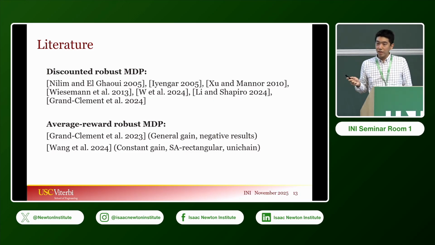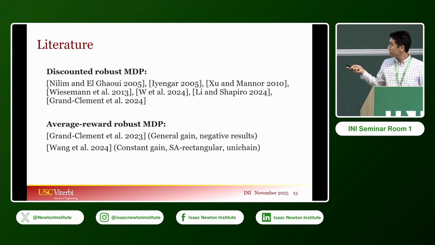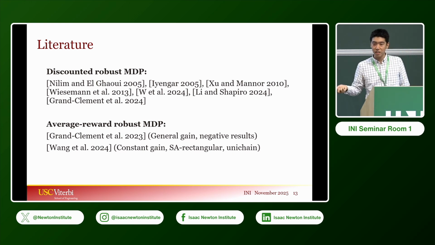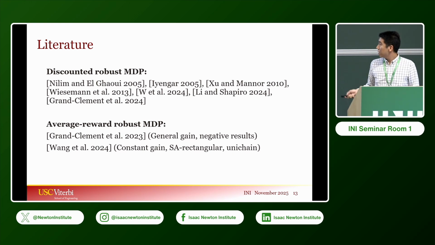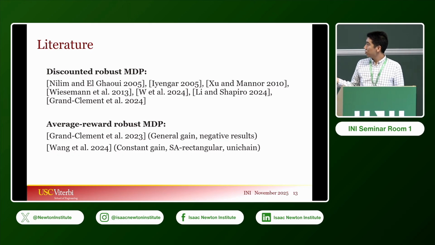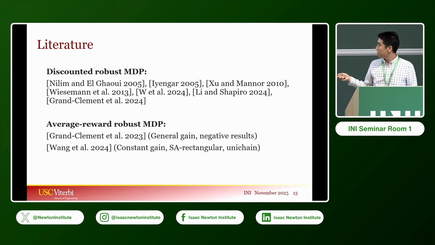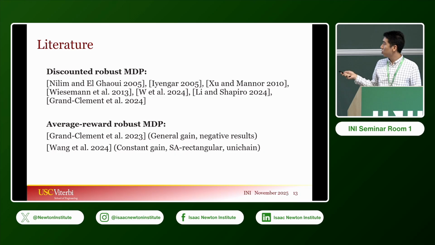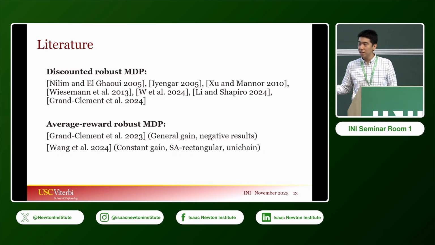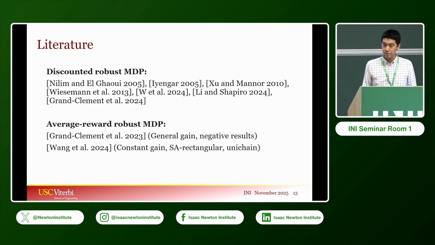However, for the average reward case, the literature is much less developed. As I said earlier, in the general gain setting, the Grand-Clement 2023 paper showed that in general the result is negative: you cannot have dynamic programming. And there are some positive results in the constant gain setting, but under much more restrictive models, so S-rectangular unichain, and also some other contraction type assumption.